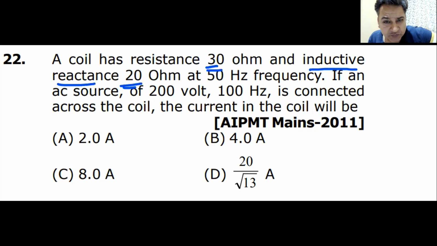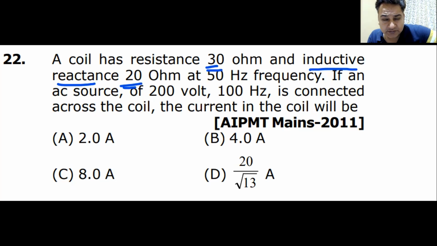So you can find out the value of Z. Z will be equal to root of 30 square plus 20 square. I can take 10 out, so it will be 3 square plus 2 square. 3 square is 9, 2 square is 4, 9 plus 4 is 13. 10 is out, so Z is 10 root 13.